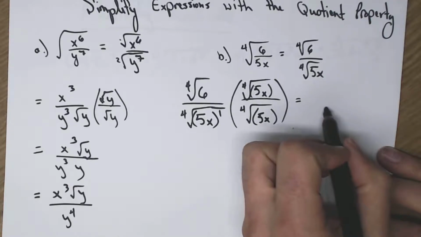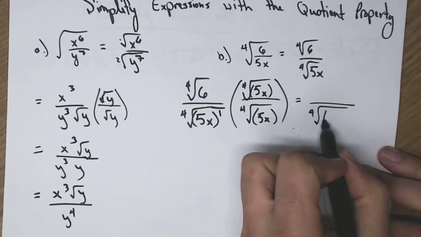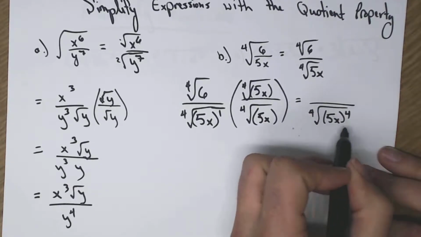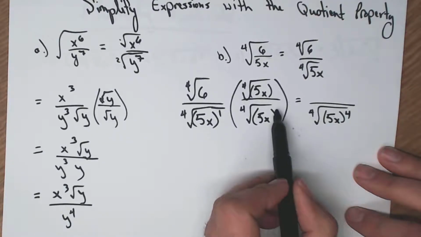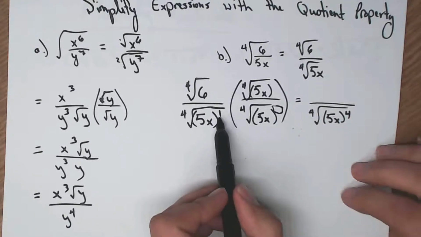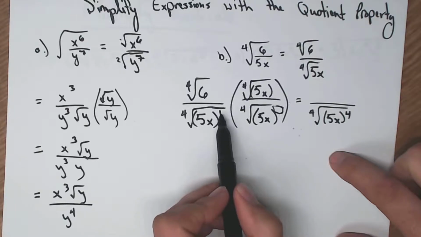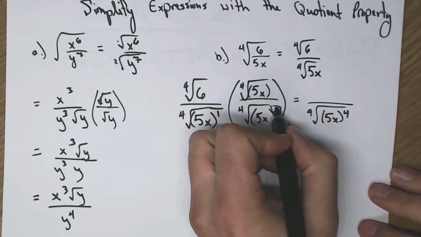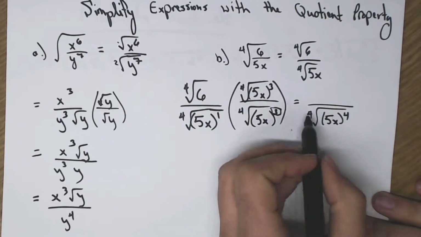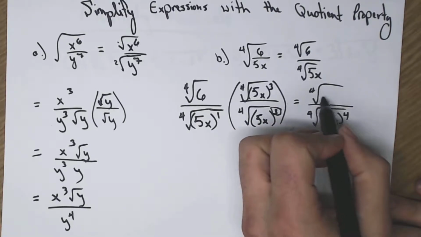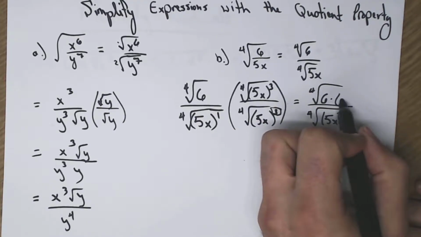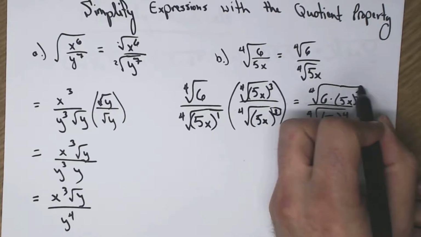I want to end with the 4th root of 5x to the 4th. So what does this one here have to be? 4. Now if I start off with 1, I need 3 more. So this is still the 4th root now of 6 times 5x cubed.